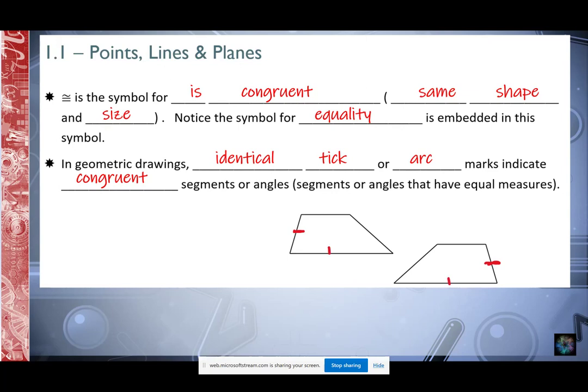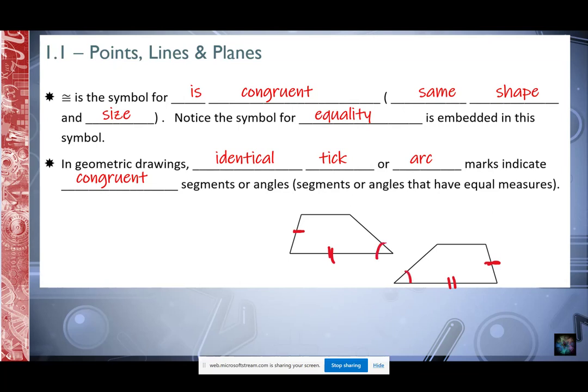When we talk about tick marks, we are talking about little bitty lines that go through. If you have more than one set, they're going to have a different number of tick marks because you can see that those sides that are marked are different side lengths. And since the lengths are different, it's a different pair of tick marks. But when you have that pair, they are the same length. And then the same is true with arc marks.